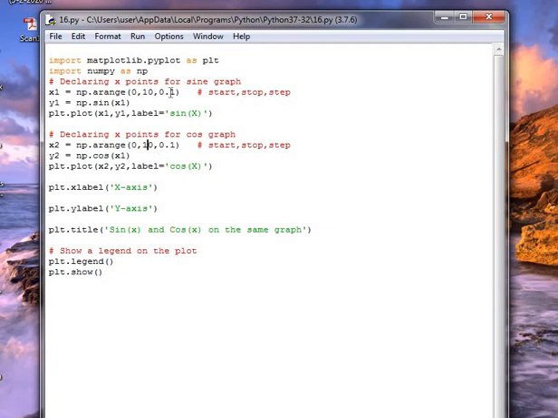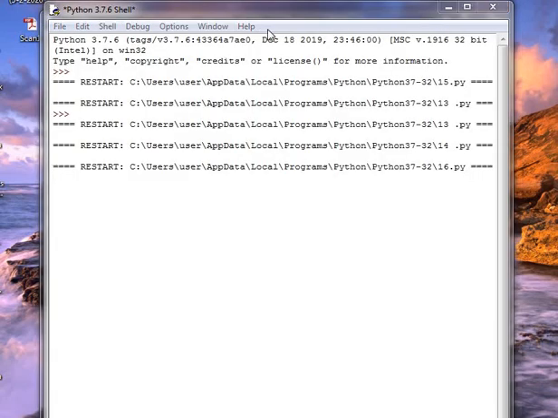Here also same, the line spacing 0.1 interval. Okay. Here the label sin x in the sine graph, in the cos graph cos x. X label, y label. The title, sin x and cos x on the same graph. We also add one legend. Here legend also there. Okay. We run the script.